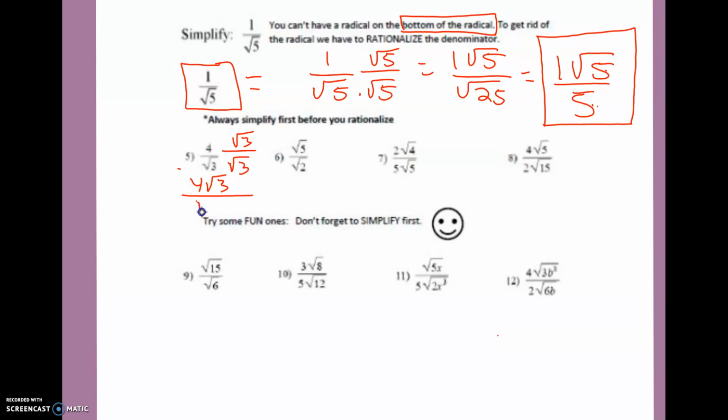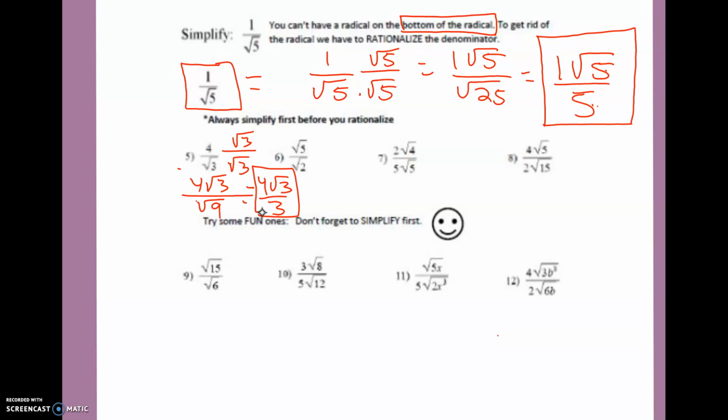The bottom becomes radical 9. Again, this process will always give you a perfect square on the bottom. That's what we're looking for. So my final answer, the bottom, I'm all right. Don't care what's on the top. The only thing you may have to do is simplify this, but 4 and 3, outside numbers, in this case, cannot be simplified. Done, and you can leave it improper. I would actually prefer that way. Don't make it a mixed number.